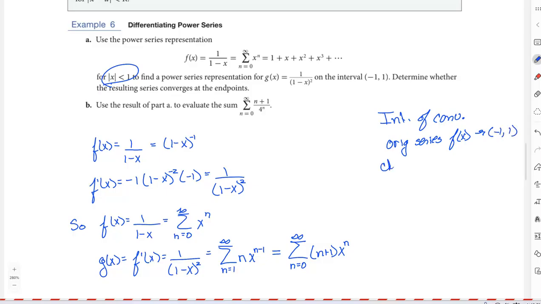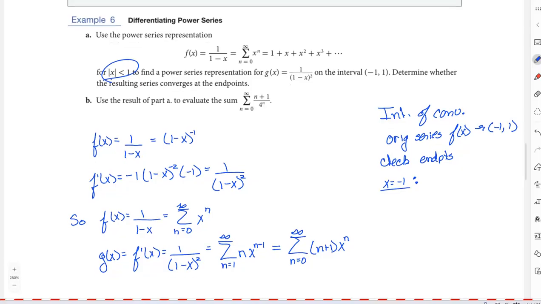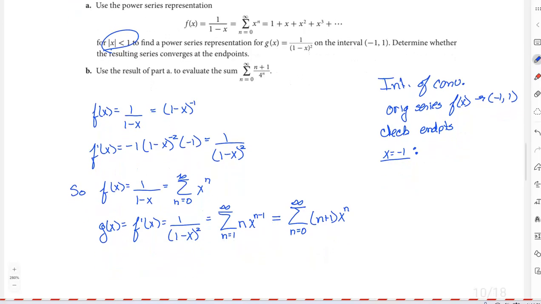So we really just need to check the endpoints. So let's plug in negative 1. And that negative 1 is going into my derivative because that's what I'm interested in. So I'm looking at the sum from n equals 0 to infinity of n plus 1 times negative 1 to the n.